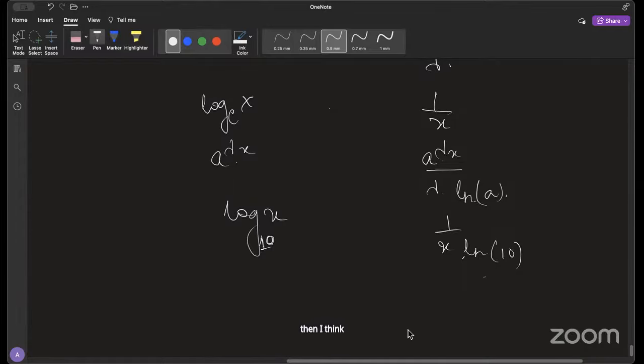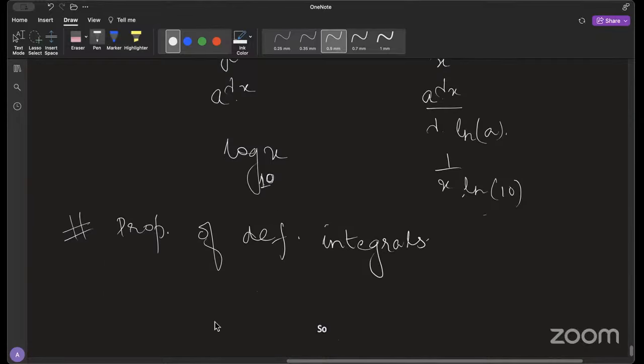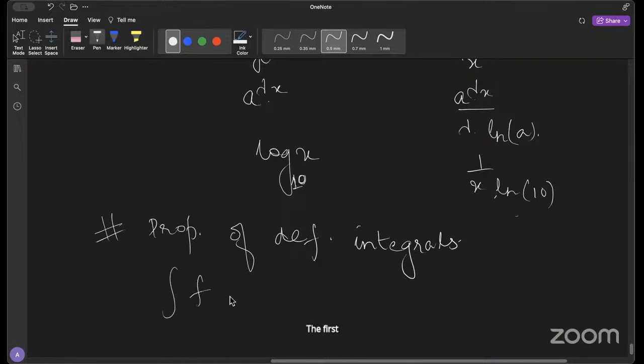Next up we have some properties of definite integrals. The first property is on the sum f plus g.